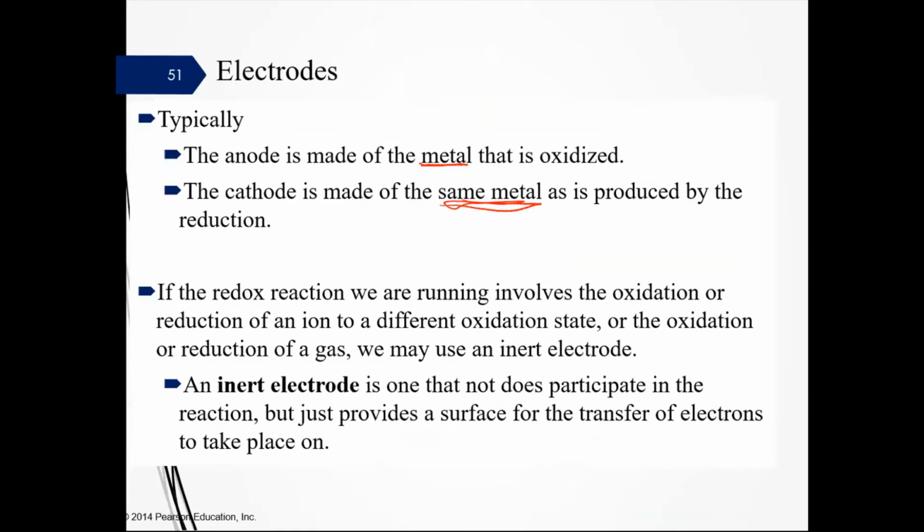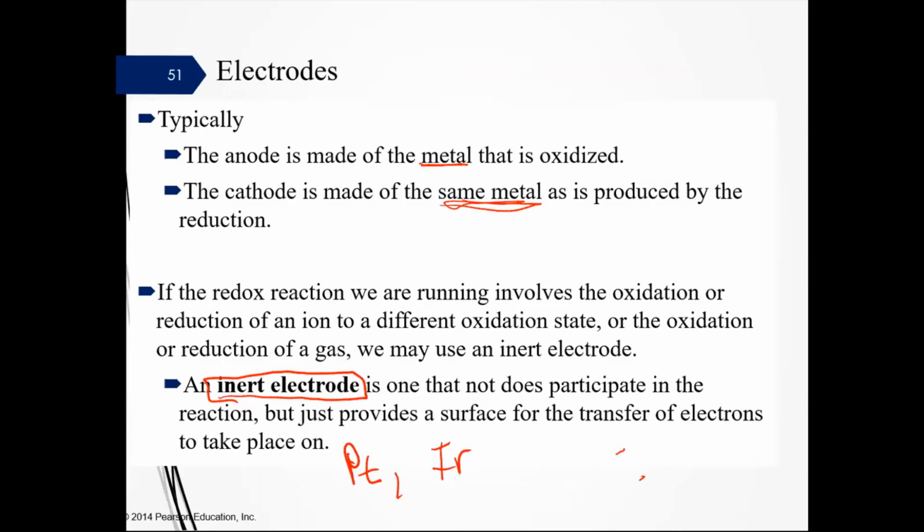Now, we might be using just ions, so we might not be using a solid, and it is possible that you can use an inert electrode. So this is going to be something where its job is just to give electrons and receive electrons, but not actually take part. We see that often with platinum, or sometimes iridium.